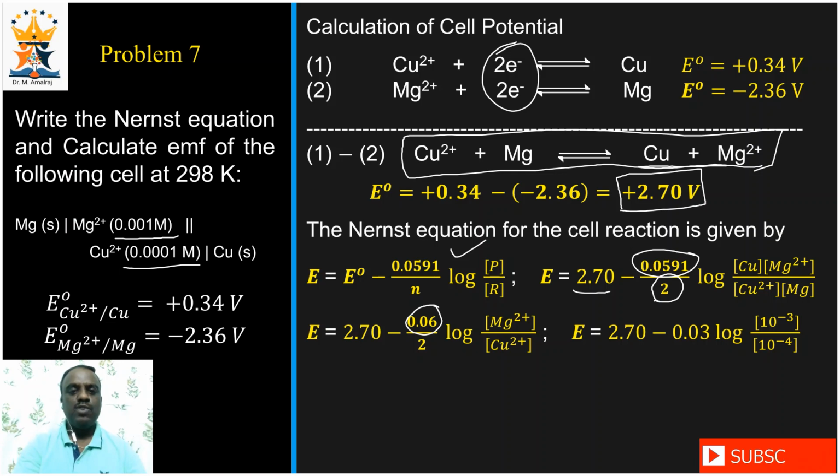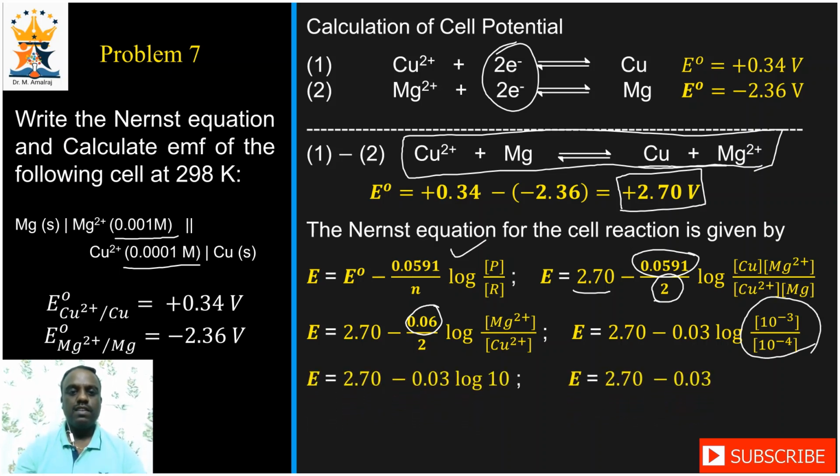After substituting the concentration of magnesium 2 plus and copper 2 plus, we will get this particular expression. See that? And the Q, that is the reaction quotient, will come as 10, and we know that log 10 to the base 10 equal to 1, so we will finally end up with the E value as 2.67.